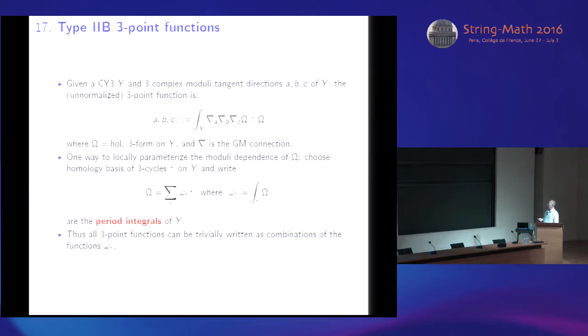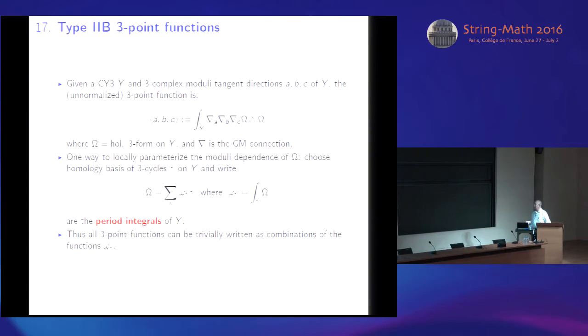Well, so let's motivate again. Omega is a holomorphic three-form on the manifold, and we differentiate in the parameter space. Del A, del B, del C are the Gauss-Manin connection on the moduli space, and we differentiate three times, wedge with omega and integrate. This gives you a number, so this is called a 3-point function.